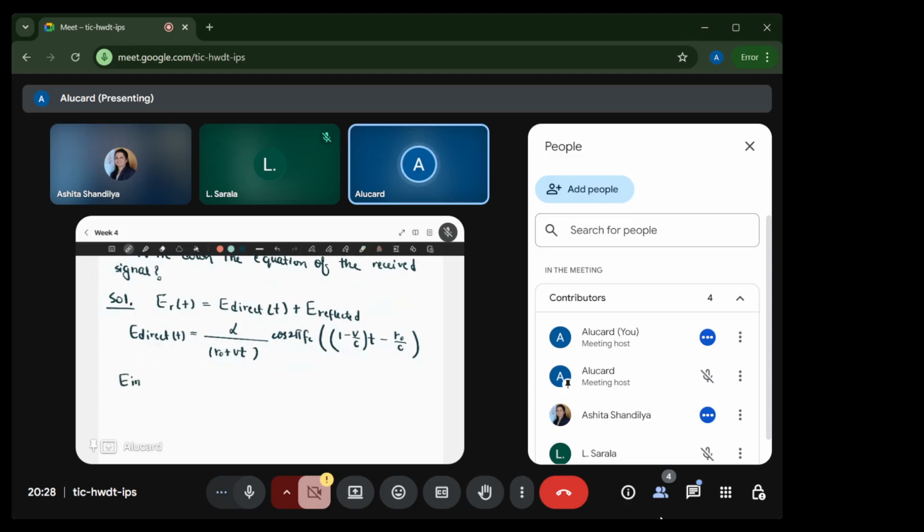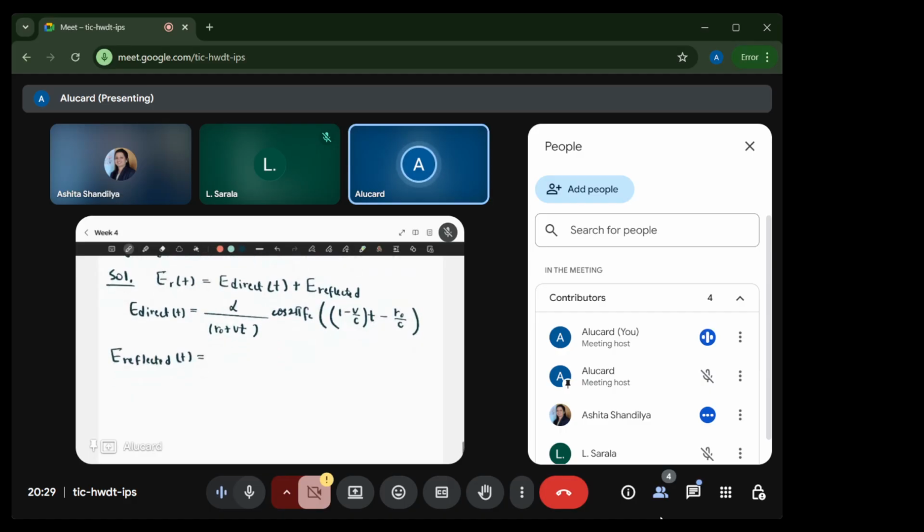The indirect component is pretty much the same. So now I will leave the indirect component to you. What is the attenuation, what is the distance, and cos 2 pi fc.